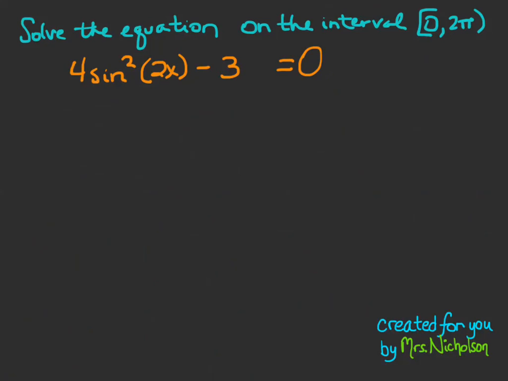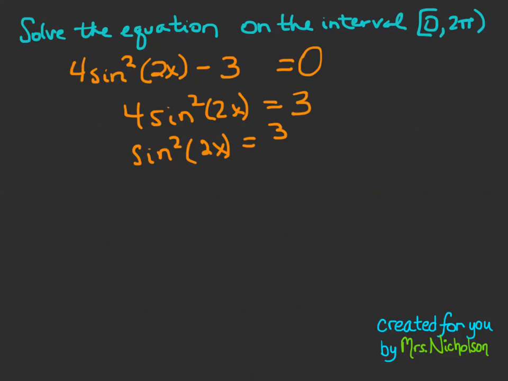And so I'm going to go ahead and solve for sine 2x. I'm going to add 3 to the other side: 4 sine squared 2x equals 3. And then I'm going to divide by 4. Sine squared 2x is equal to 3/4. And then I'm going to square root both sides.